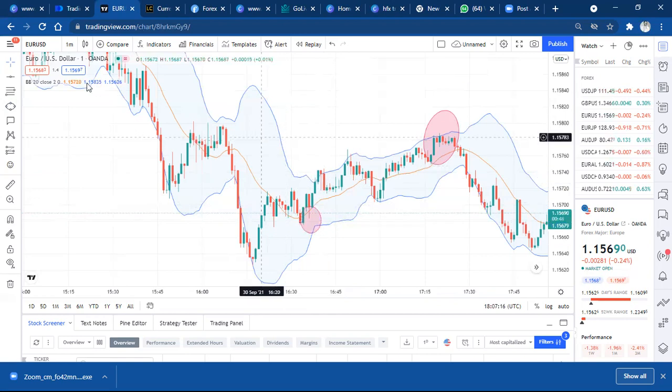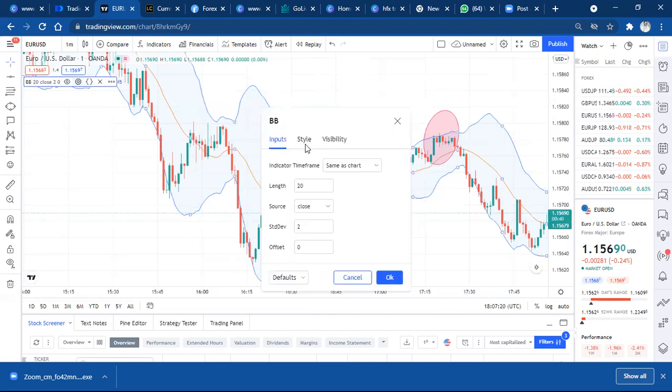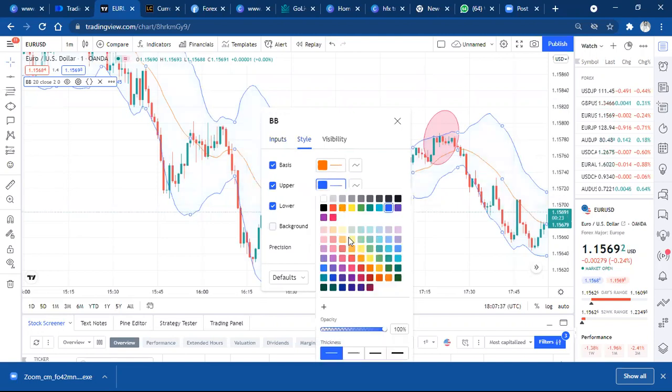And when you want to change the settings, you can simply go to style. You can leave all these things here. Just leave it. The major thing is that the standard deviation is 2. All right, go to style. You can remove the background. You can make the lines, the upper line, you can change it to red.